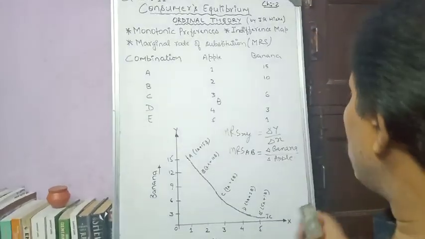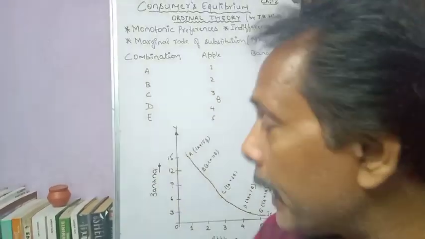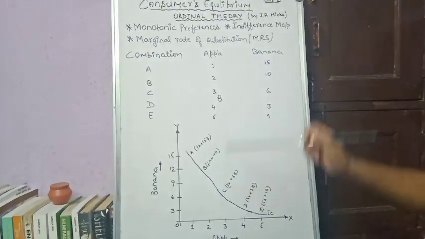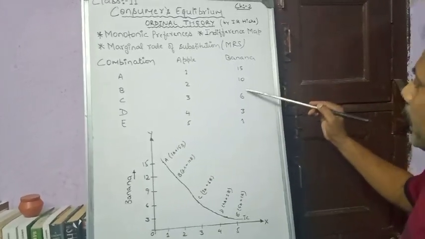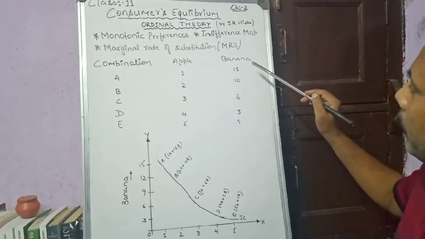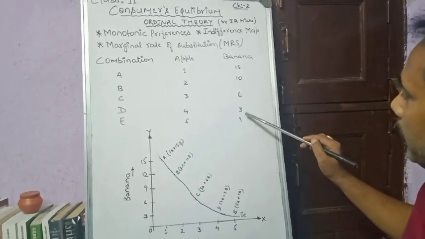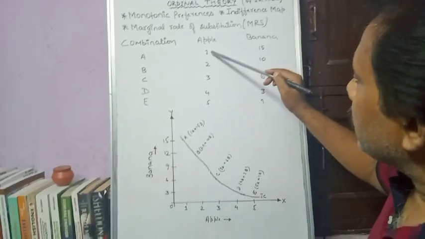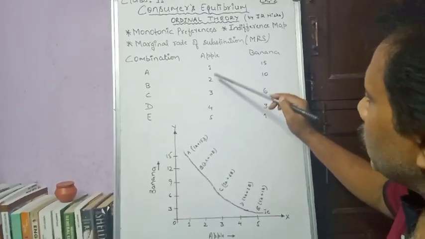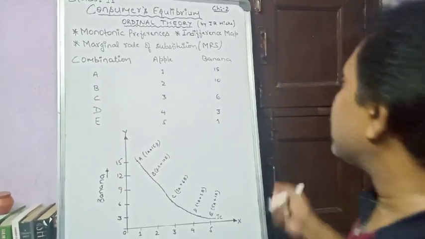This schedule shows that the consumer is continuously sacrificing bananas: 15, after that 10, after that 6, after that 3, 1, that is declining, and the apple is continuously rising: 1, 2, 3, 4, 5. So what change takes place?